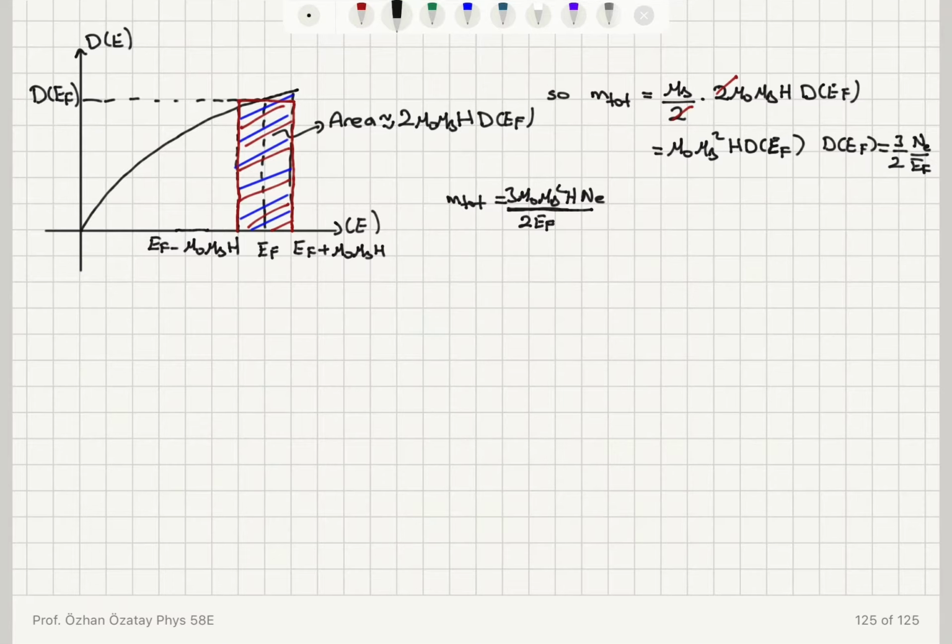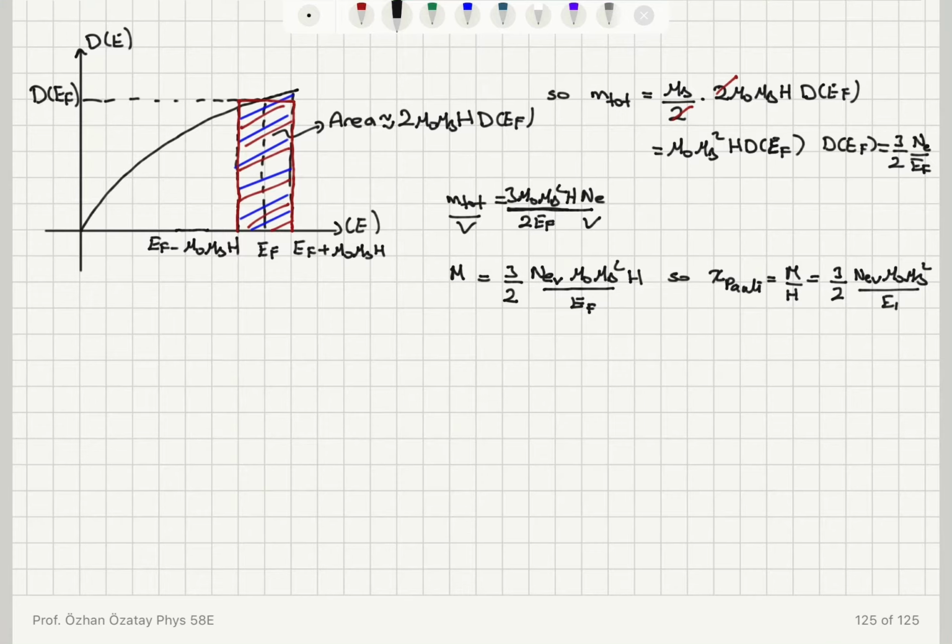And in order to get magnetization, I have to divide this by volume, so the magnetization will be 3 over 2 the number density for electrons, Ne over V, mu 0 mu b squared divided by E Fermi, multiplied by H. So the Pauli susceptibility, M over H, I find to be 3 over 2 the number density for electrons, mu 0 mu b squared divided by E Fermi.